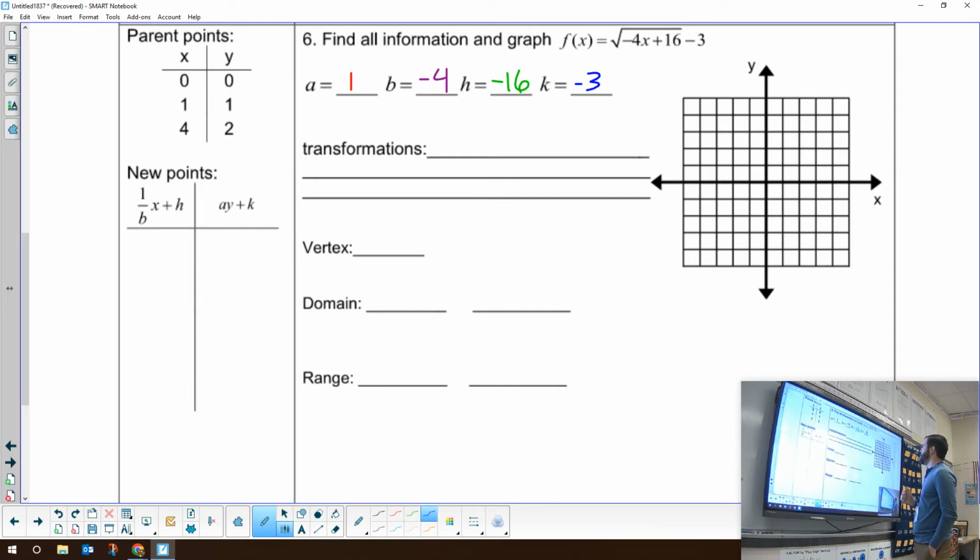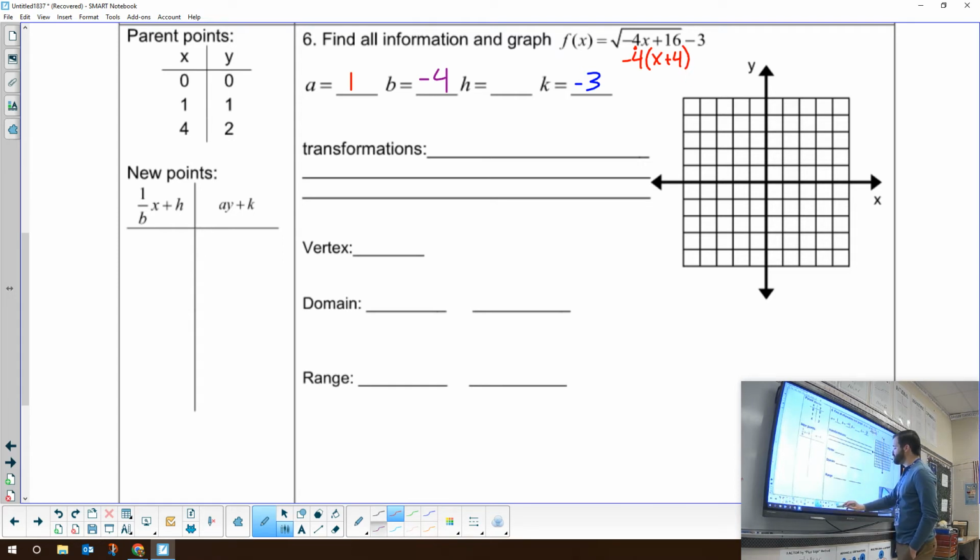Well, actually, guys, my K, my H, and my B are actually a little bit messy here. Okay? So, my H, since my B is -4, I actually need to pull that -4 out, and we're going to get -4 times (x plus 4).